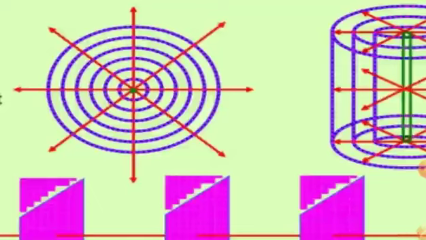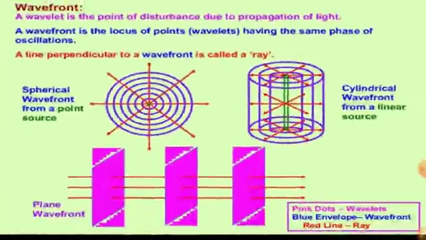Rather, it may be any source, whether point source or cylindrical or linear source. The plane wavefront will be there if the point of observation is very far away from the point source or from the linear source, and then you can take it as a plane wavefront.